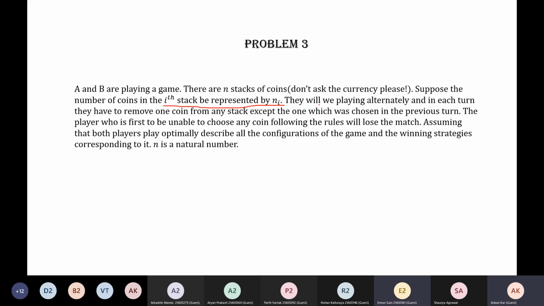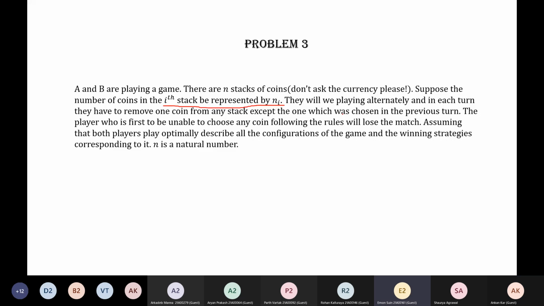Can you explain it again? Actually, I didn't get it. If ni is equal to nj for all i, j, then B wins the game.